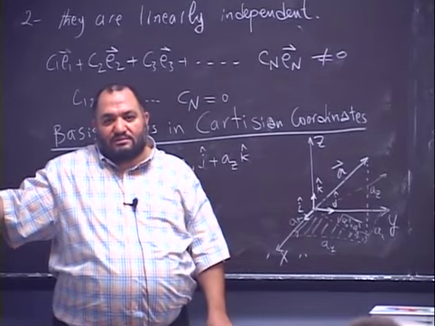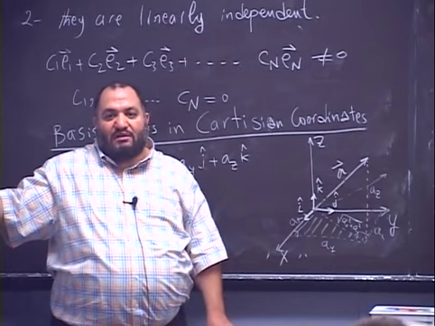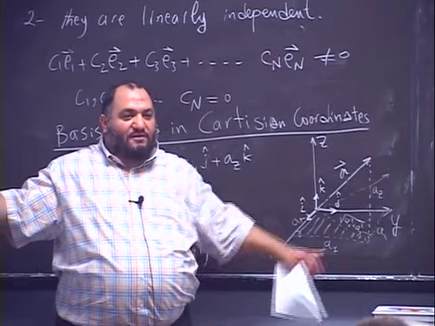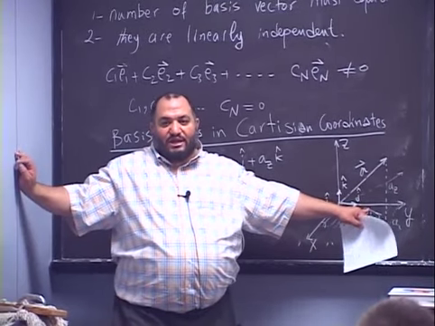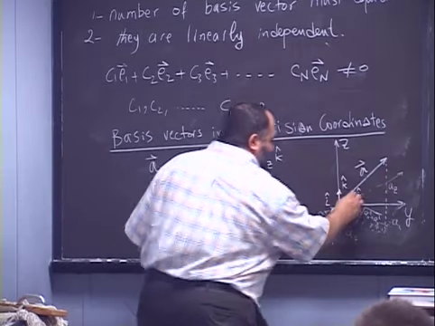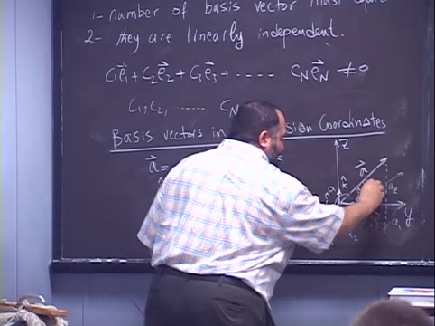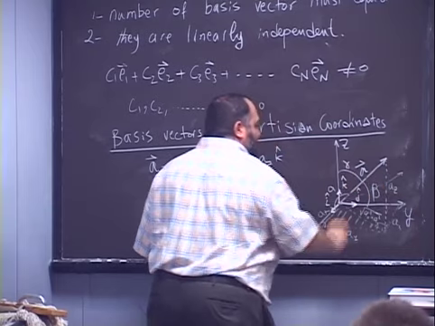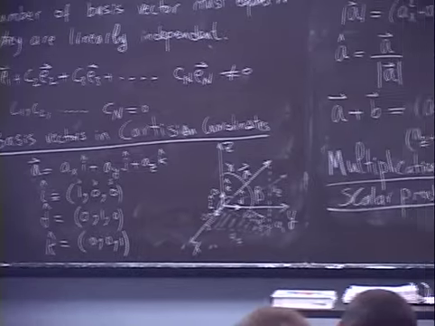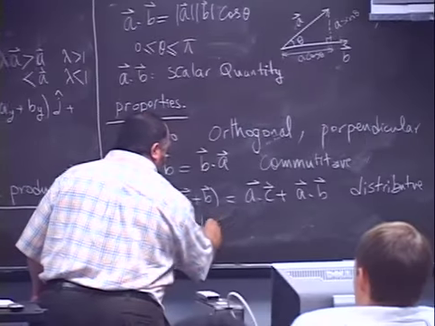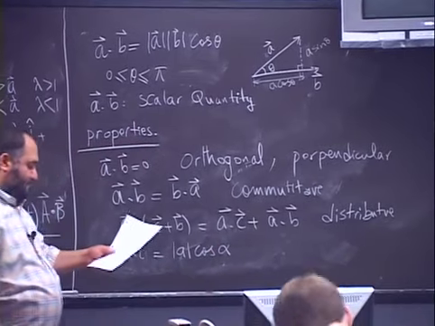The three angles for the Cartesian coordinates, we call them alpha, beta, and gamma. Alpha is between the vector and the x-axis, beta between the vector and the y-axis, and gamma between the vector and the z-axis. So this angle is called alpha, this is beta, and this is gamma. This will give us the amplitude of A cosine alpha.